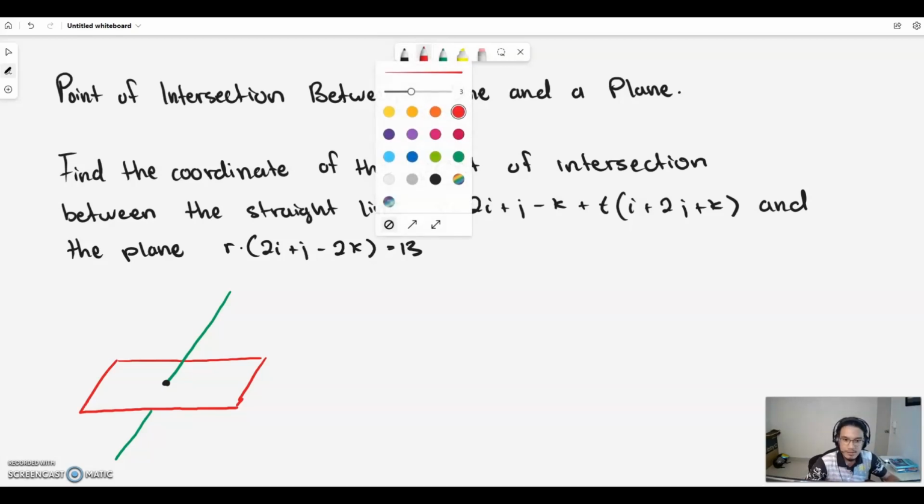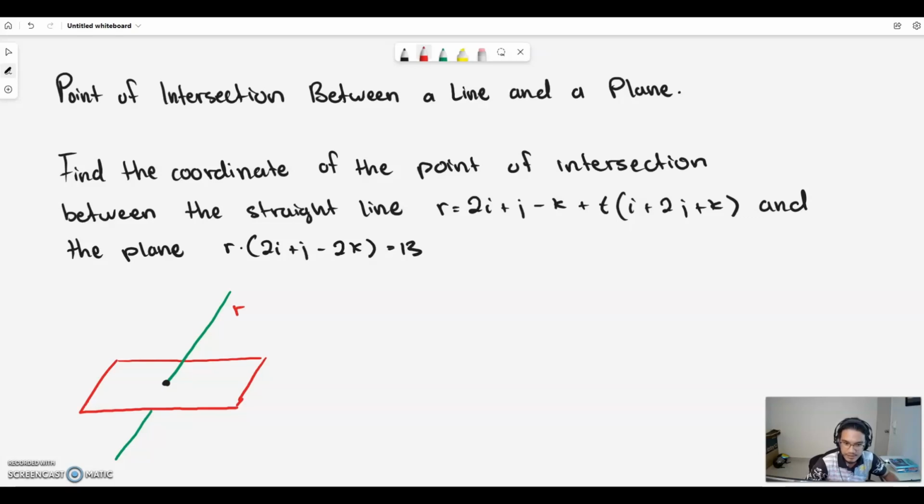and we are given the equation of the straight line, r equal to minus k plus t(i plus 2j plus k). And then we are also given the equation of the plane, r dot (2i plus j minus 2k) equal to 13.